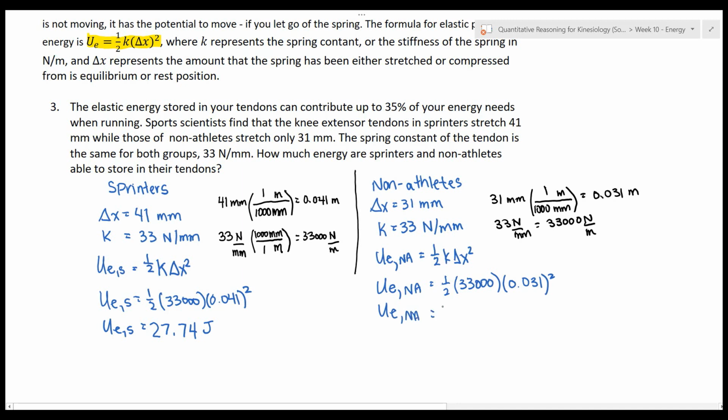I'm going to just type this on my calculator. 1/2 times 33,000 times 0.031 squared. And I get 15.86 joules. All right, so you can see that the sprinters are able to hold more energy in their tendons compared to non-athletes.